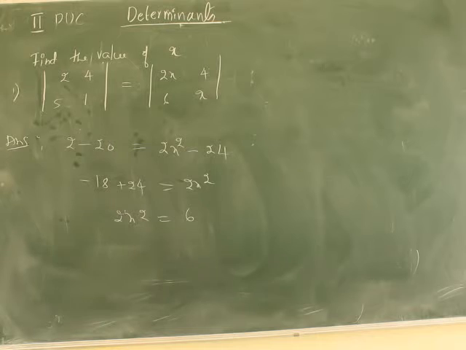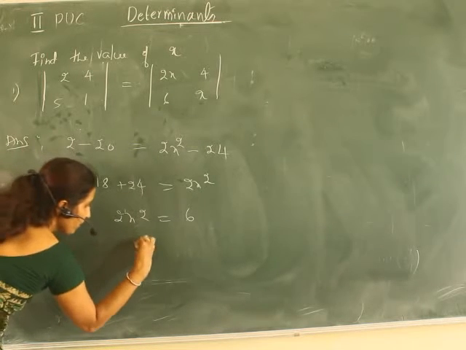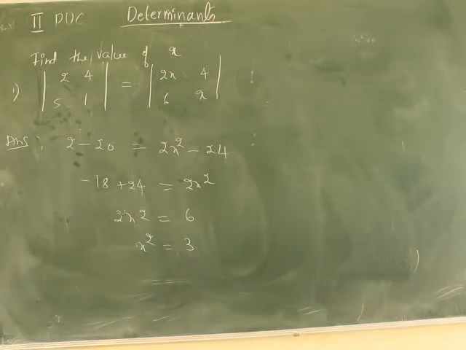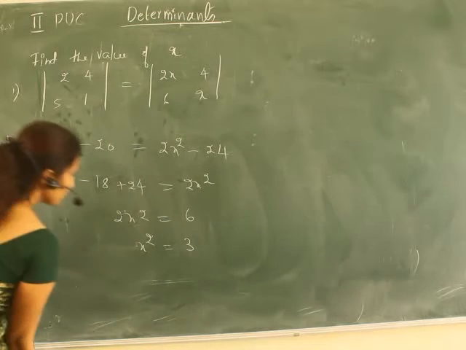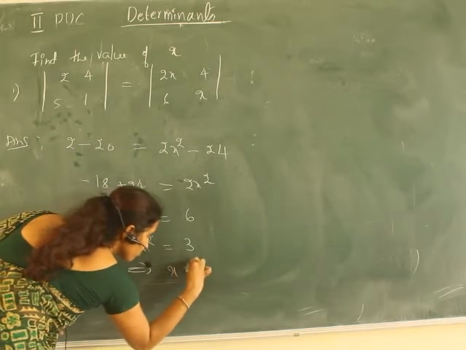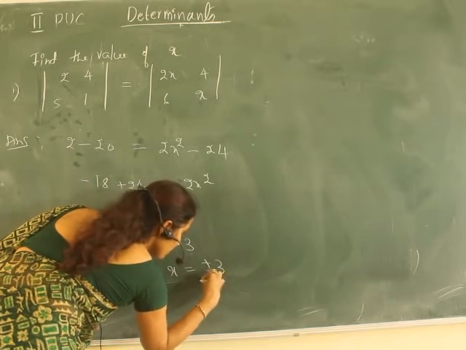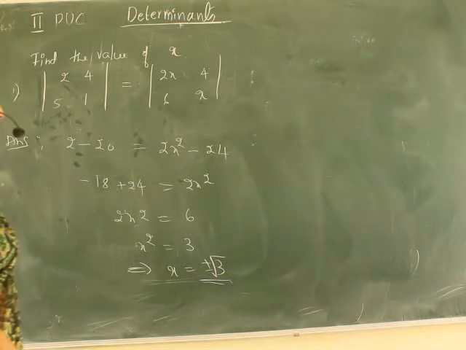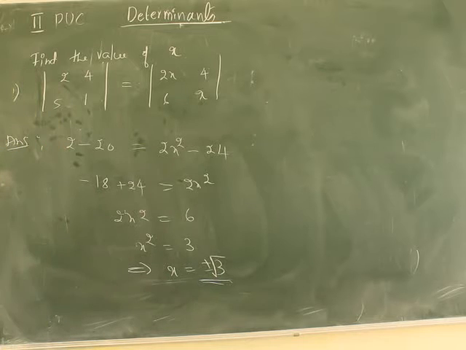Therefore x square is equal to 3. Therefore x is equal to plus or minus root 3. The value of x is plus or minus root 3. It is not found directly by equating. So this will be given like this. Next problem, find the value of x itself.